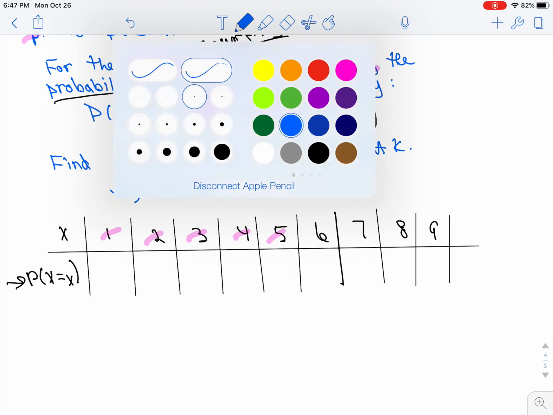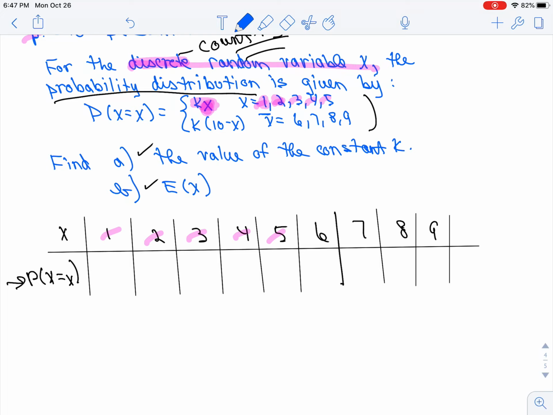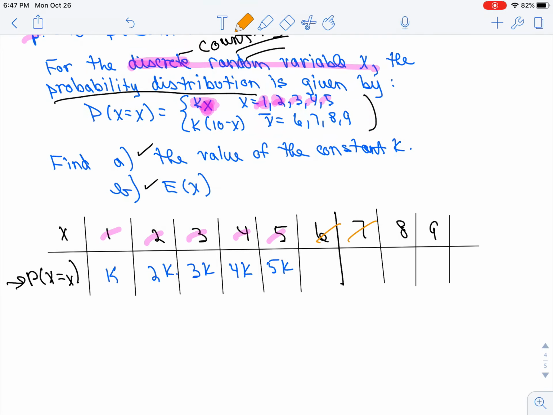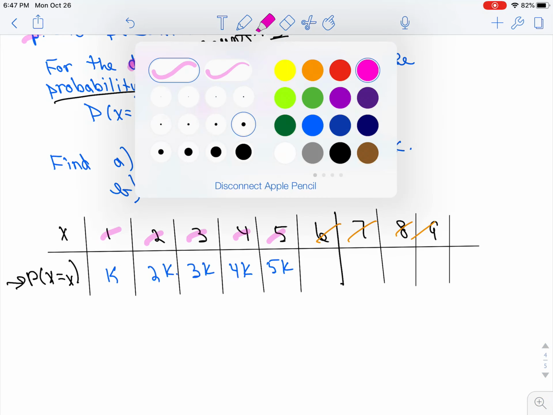So when we do that, first we sub in the 1 for x, so we just get k. Now we sub in the 2 for x, so we get 2k. The next one we're subbing in 3 for x, so we get 3k. And then down the line, the next one is 4k. Next one is 5k.